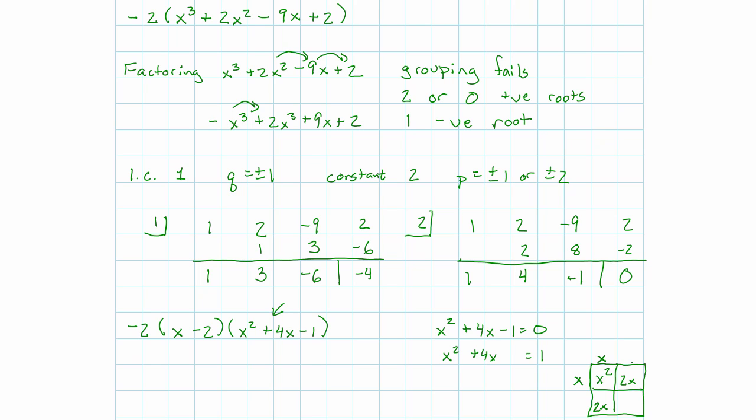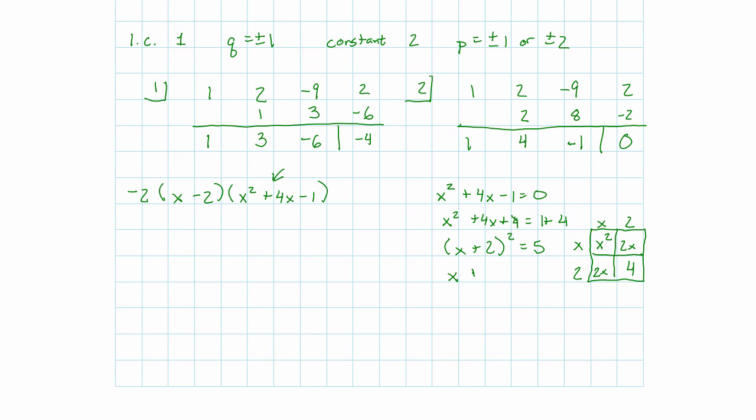So x times x, and 2 times 2 is 4. I'll add 4 on both sides. So x plus 2 squared is 5. x plus 2 is one of the square roots of 5. So x is -2 plus or minus the square root of 5.